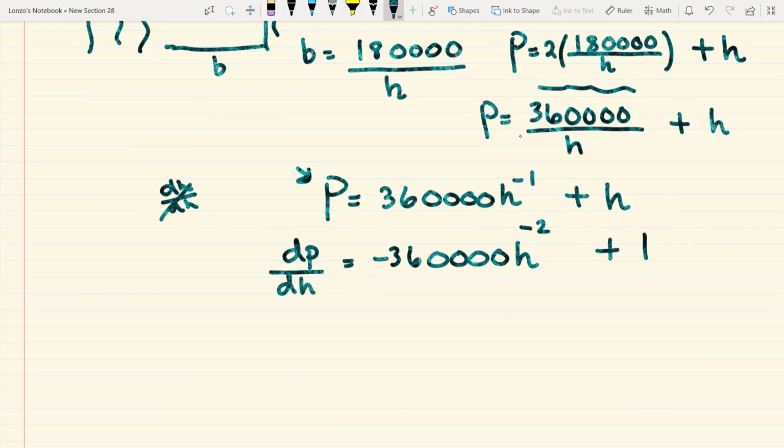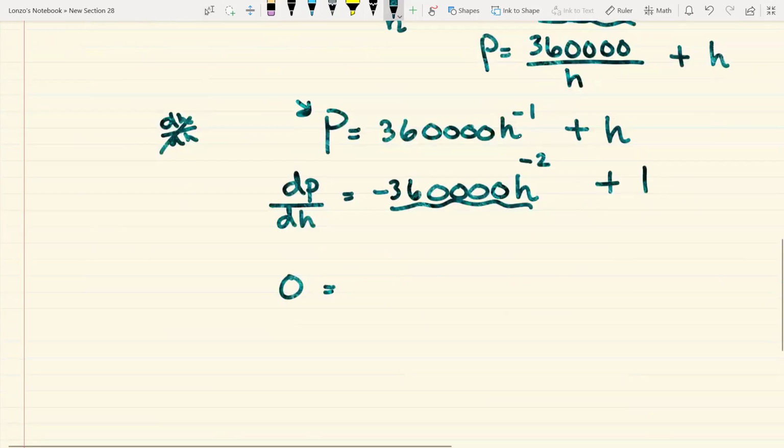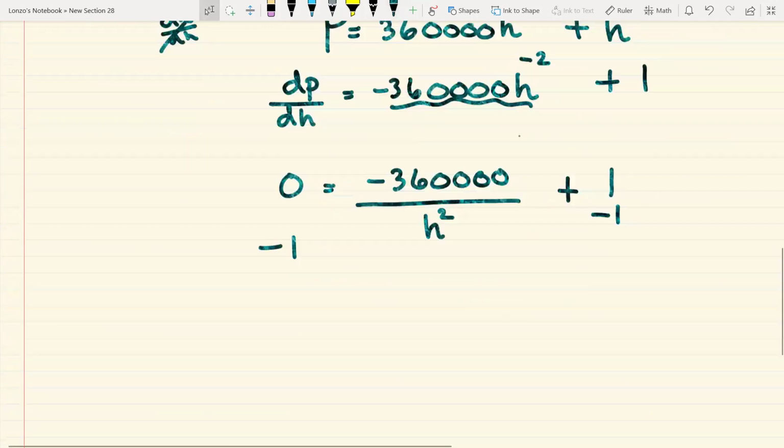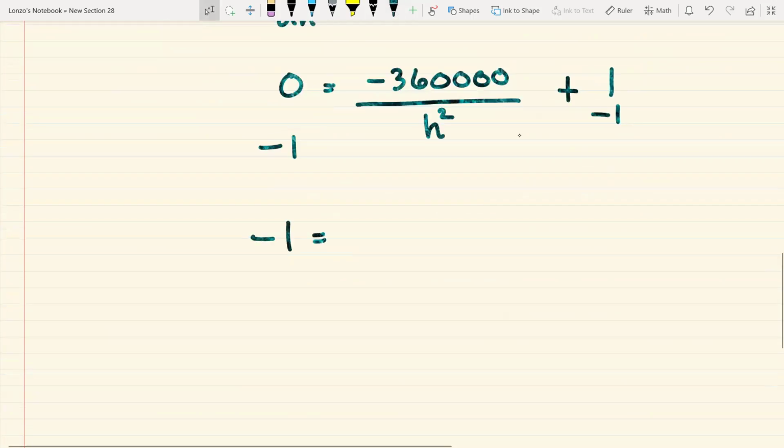Now what I'm going to do is set your derivative to 0. Maybe I can rewrite this with a positive power, so I can rewrite this as -360,000 over h squared plus 1. Now go ahead and continue solving for h. What I would do is subtract 1 from both sides. You get -1 equals -360,000 all over h squared.